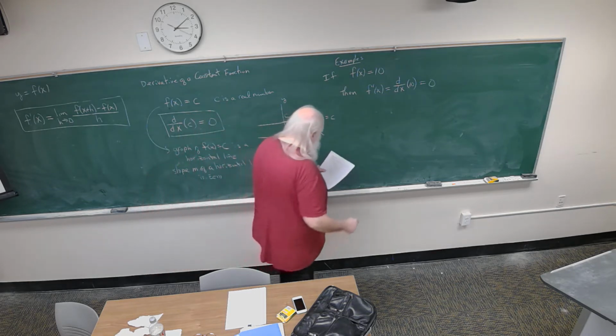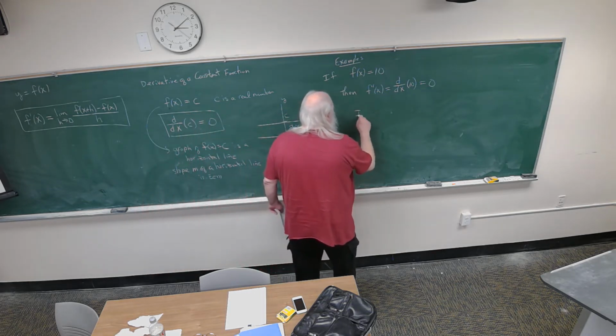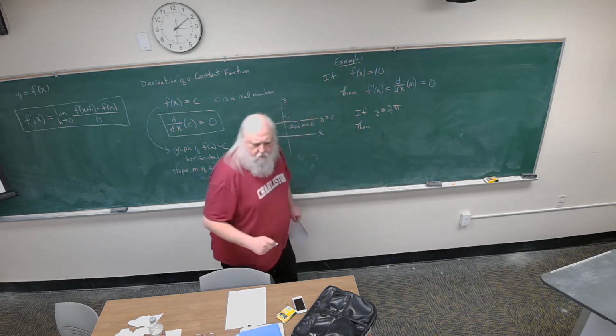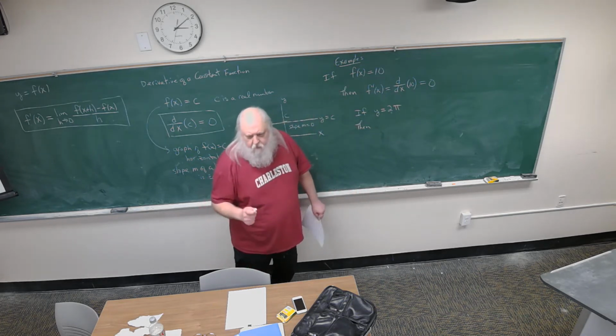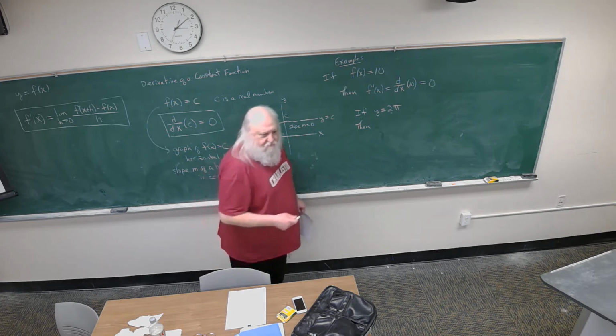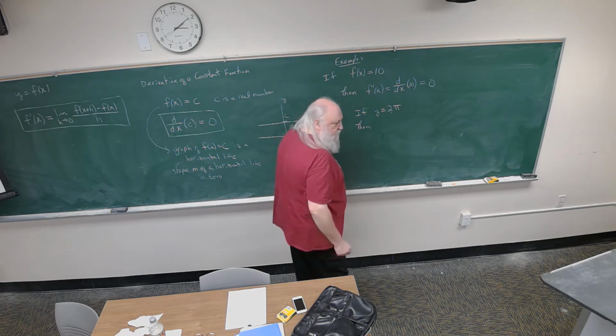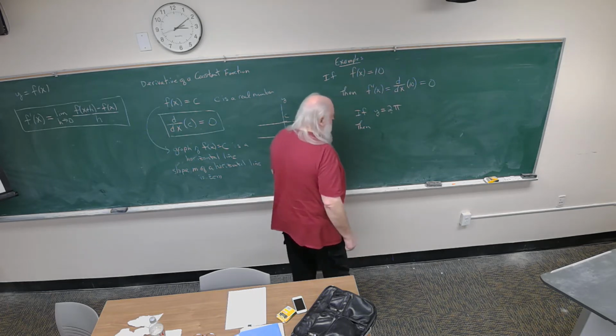If we have y equals 2 pi, what's pi equal to? Yes, 3.141, from trigonometry. So 2 times pi is about 6.28.